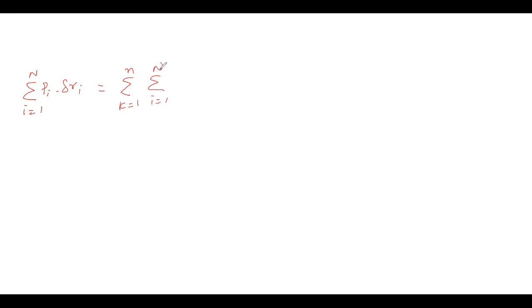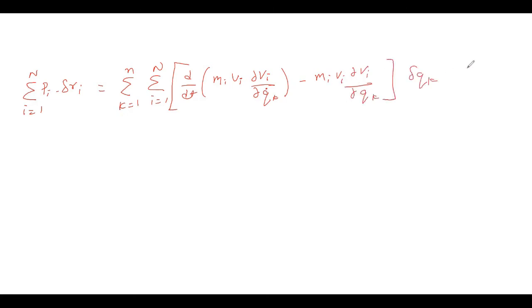This represents the generalized coordinates and this represents my total number of particles. So this is equation number 5 only. So we have ddt of mi vi delta vi by delta qk dot minus mi vi delta vi by delta qk into delta qk.